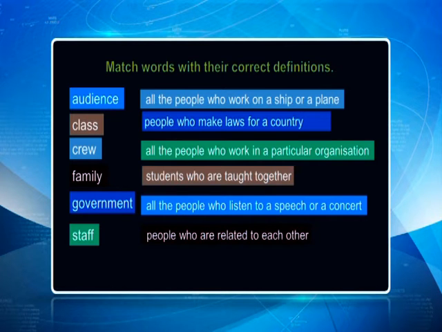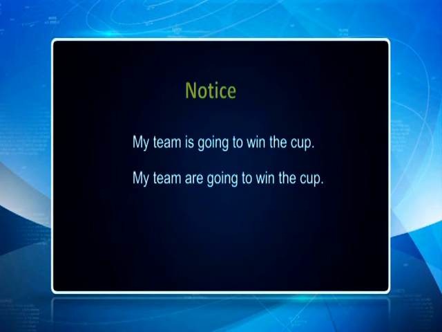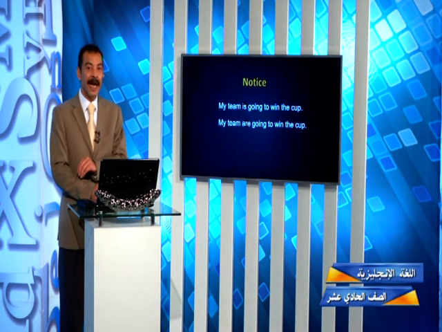So a collective noun is a noun which is singular but can mean a plural noun. If you say, my team is going to win the cup, it is singular. But if you say, my team are going to win the cup, it is plural. So a collective noun is a noun which can be used either as singular or as plural.